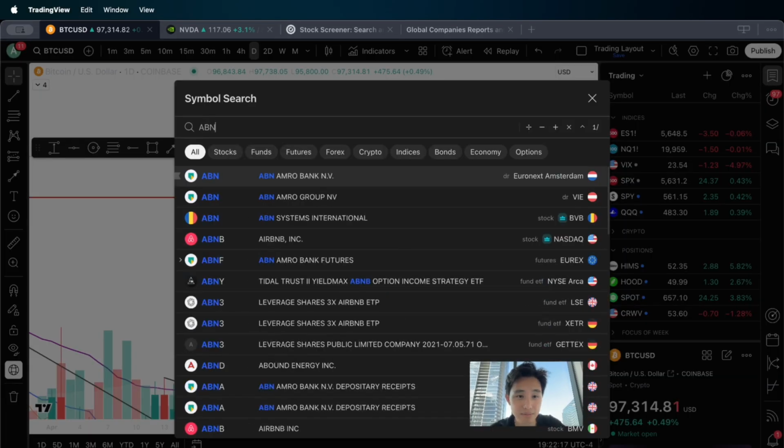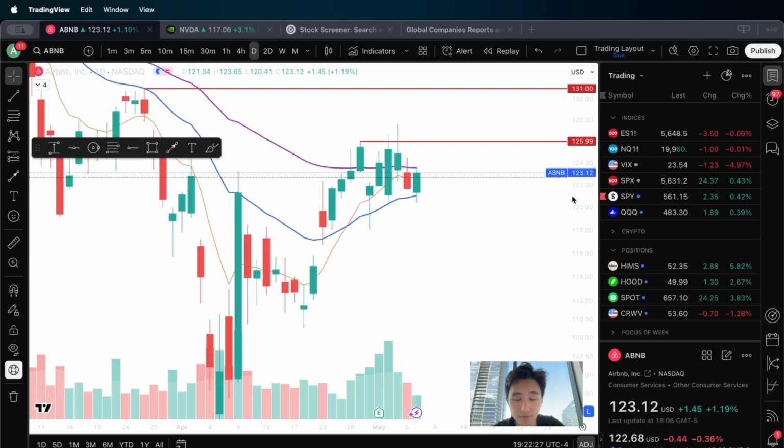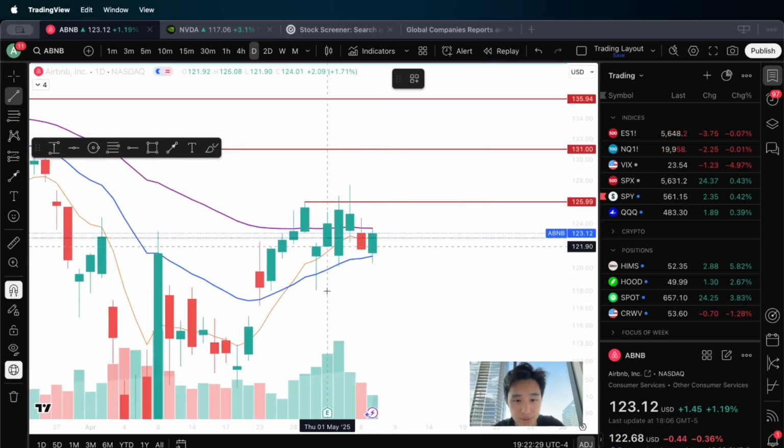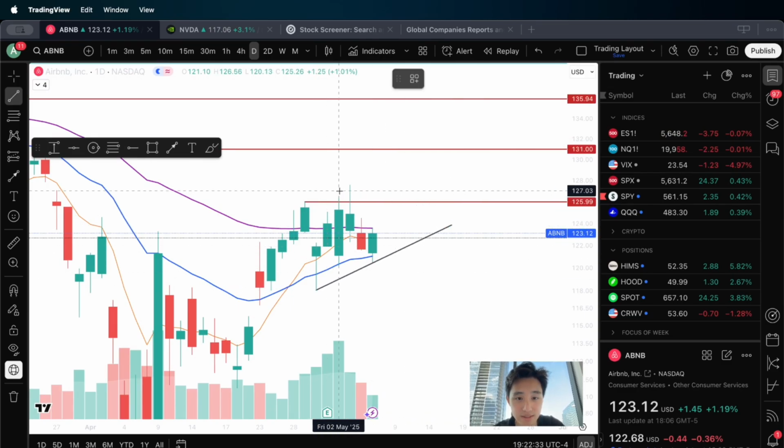Airbnb versus HIMS. Yeah, that reminds me, I do need to do a trade review on Airbnb here because we did take a loss. So for Airbnb, I think the biggest problem is I just took too short of time. I did May 16th instead of the June 20th expiry.